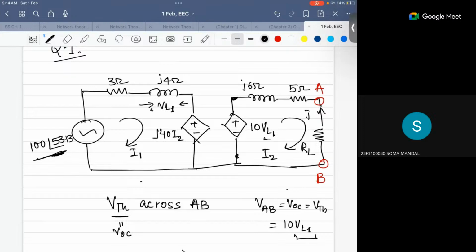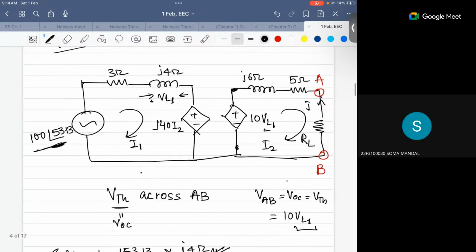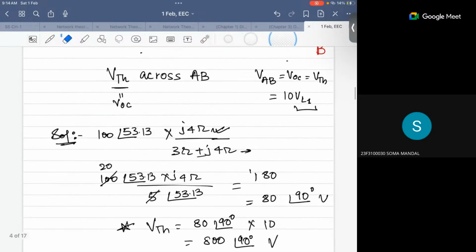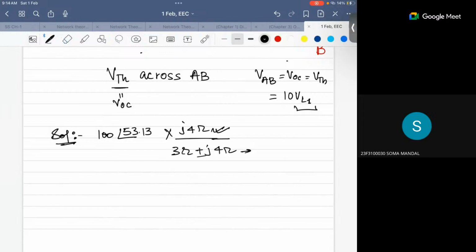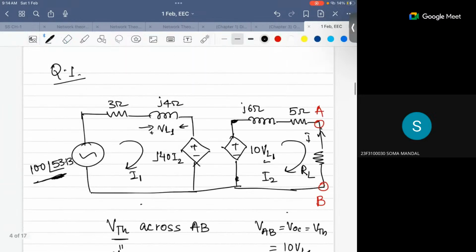How did I get 90 degrees? Okay, let's solve it again. While solving this, we have to calculate the voltage across the inductor. For example, just think of this not as an inductor but as some impedance, with the impedance value J 4 ohm.